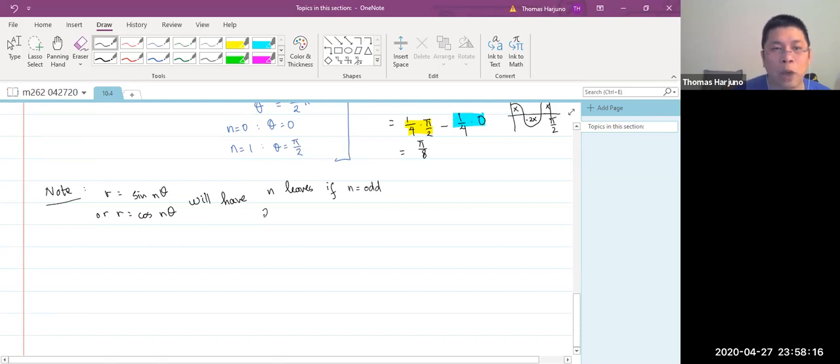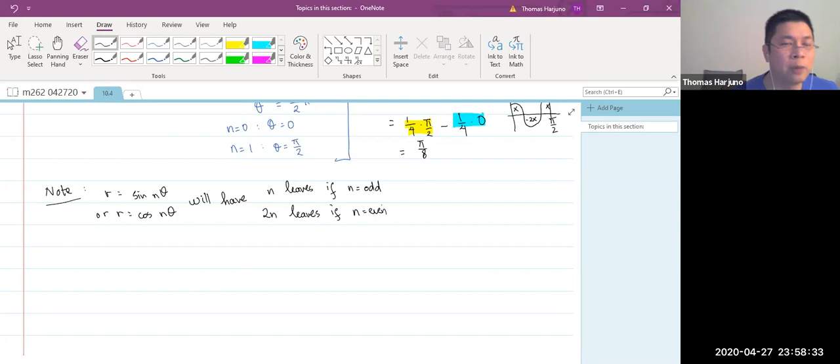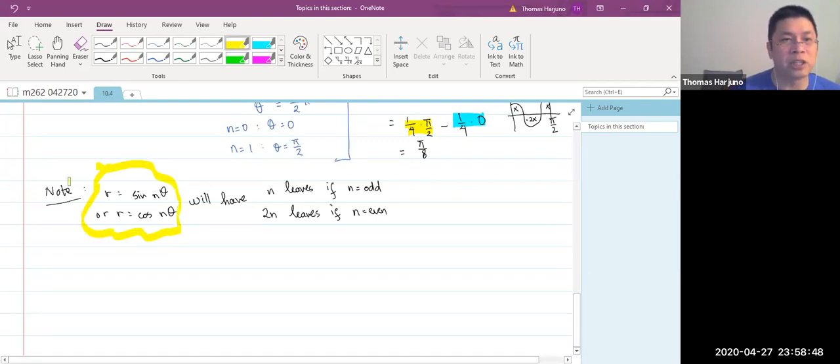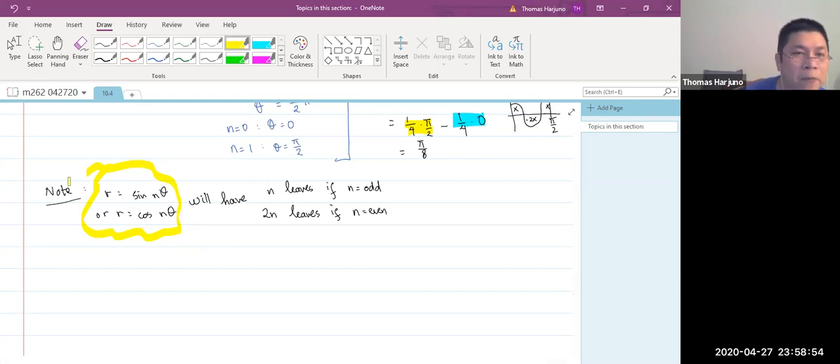It will have 2n leaves if n is even. So if you think about it, when it is even, you have to double it, such that under no situation will any one of these give you 6 leaves. So the number of leaves will be either a multiple of 4 or an odd number.